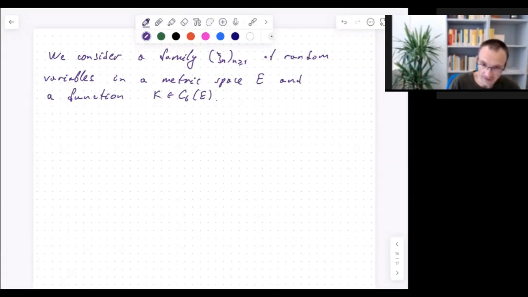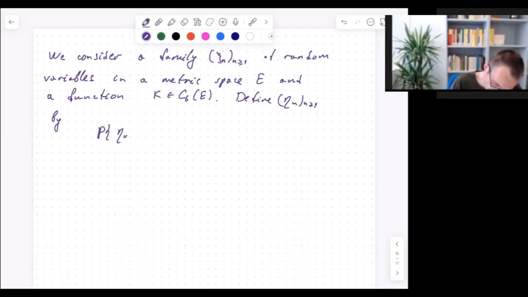And then define a new family of random variables, eta n. You know that to define a family of random variables, you only need to define the distributions of the random variables. So we define the distributions of this family as follows.